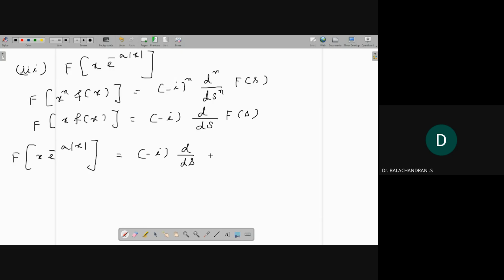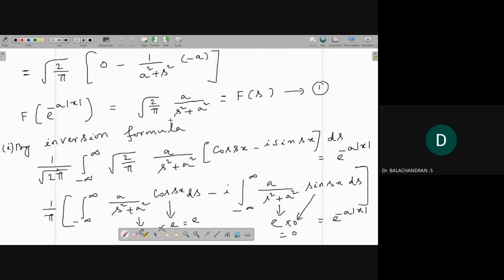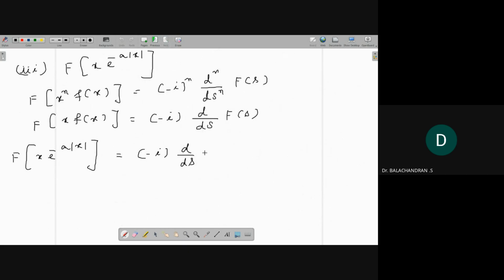F of s is nothing but the Fourier transform of e power minus a mod x. So what is the Fourier transform of e power minus a mod x? From equation number 1, it is root 2 by pi, a by s square plus a square. I'm going to substitute this value there.